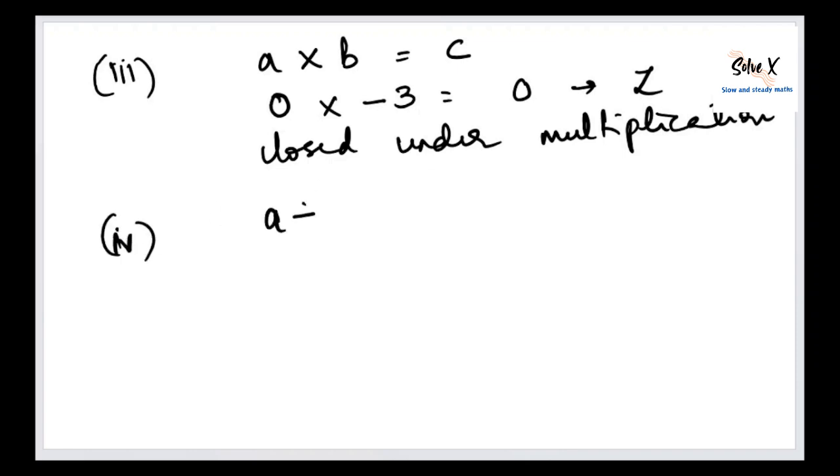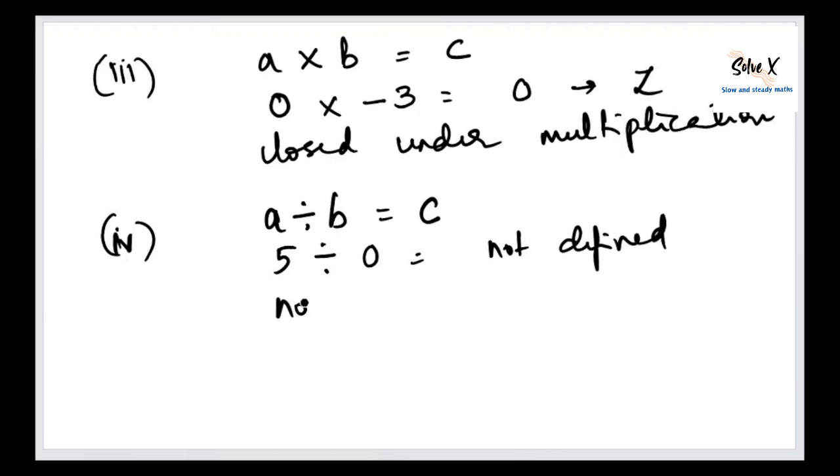Next, division. A divided by B is equal to C. We will take 5 divided by 0. Any number divided by 0 is not defined. So this property is not closed under division.